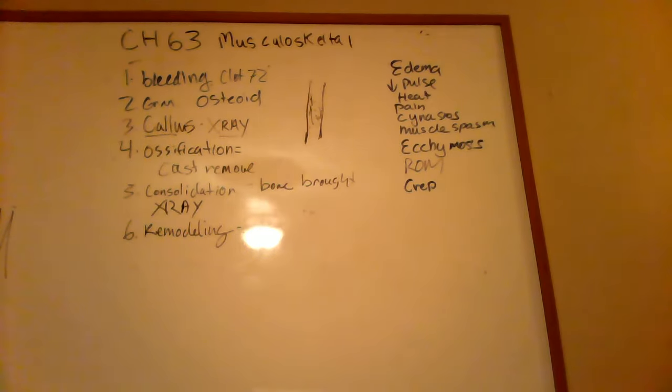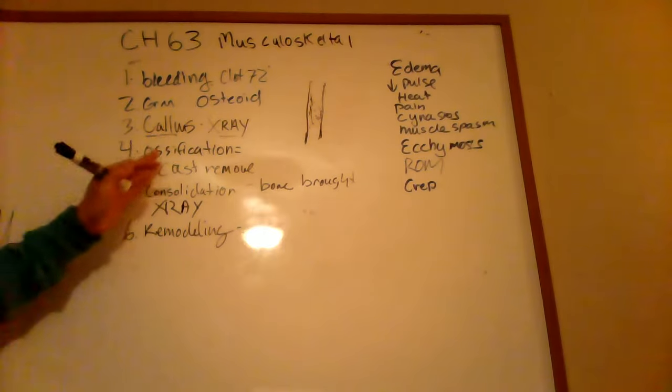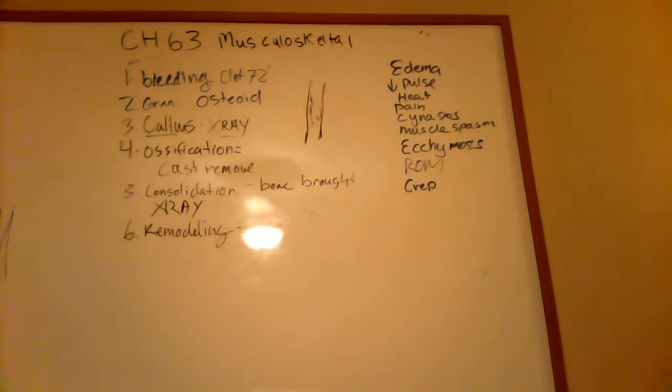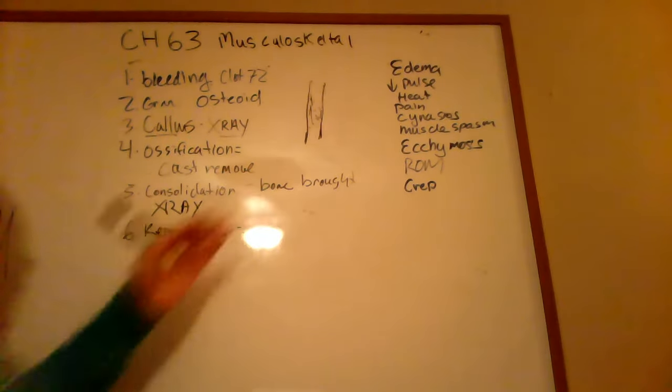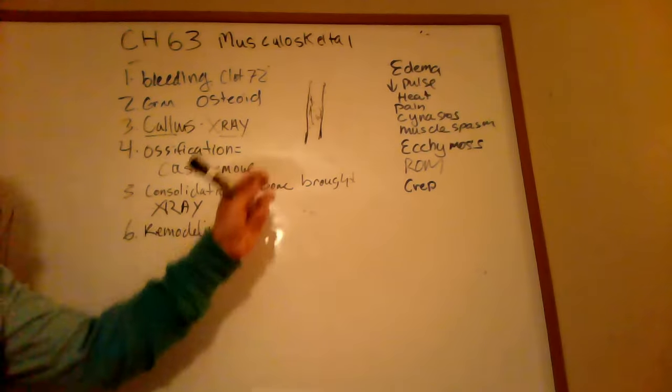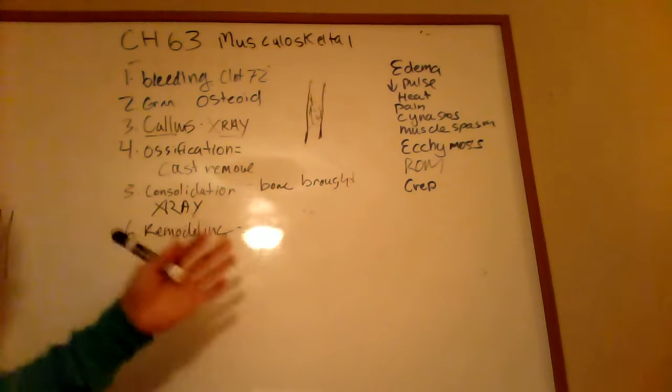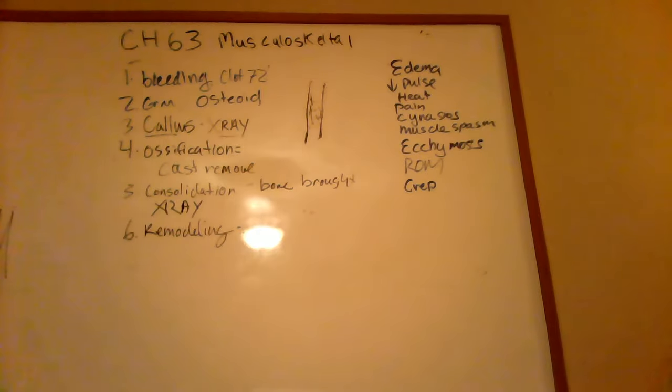And again, it's just kind of a matrix of stuff, not very organized. Ossification, you have hardening of the callus, and the cast can be removed, and the fracture site should be fairly well put together. The consolidation is the final phase as far as your bones being brought together, and then remodeling is the fine-tuning of that rather large callus that we started off with. So that is your stages of healing.